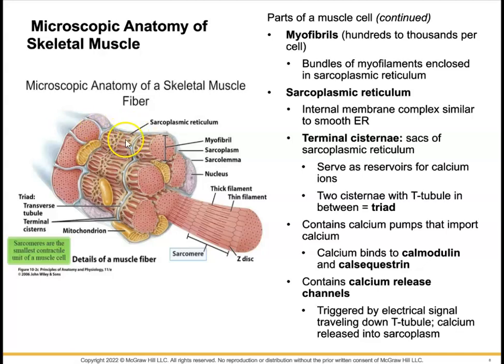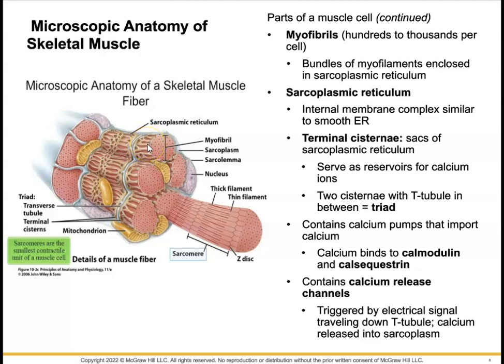If you look at this image, all of this net-like stuff that's running around those myofibrils and comes to these little enlarged areas right there beside your T-tubules, all of that is your sarcoplasmic reticulum, okay? Where you have these bulges of the sarcoplasmic reticulum on each side of your T-tubule, those are called terminal cisternae. They're sort of like little sacs of the sarcoplasmic reticulum.